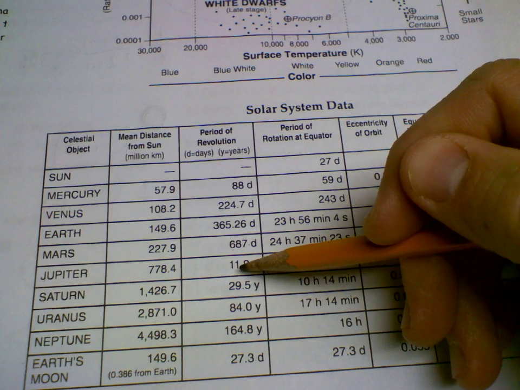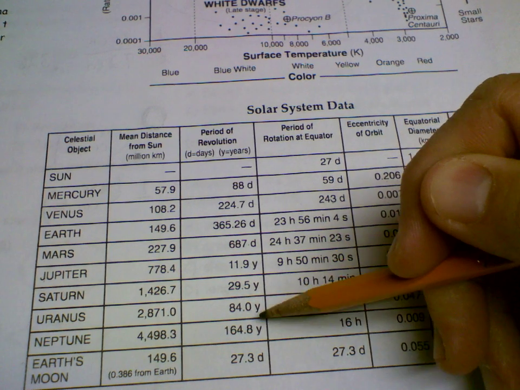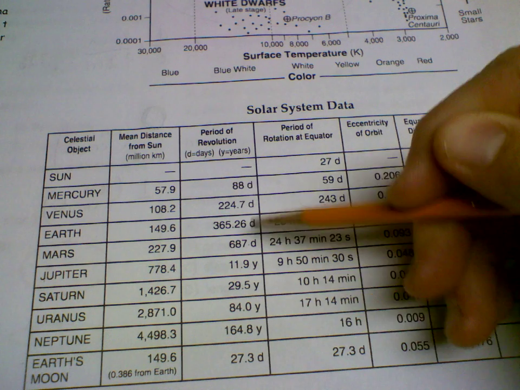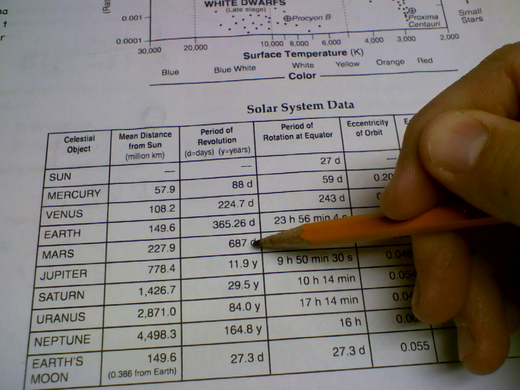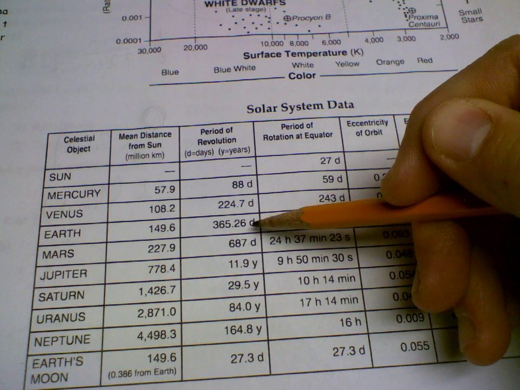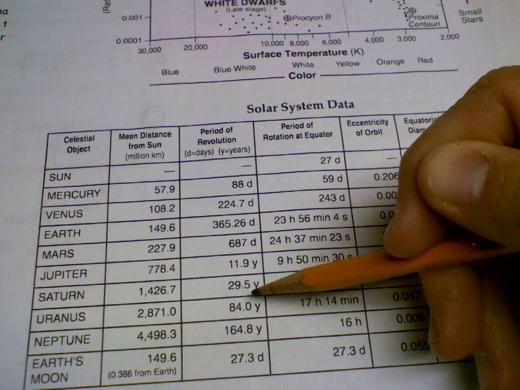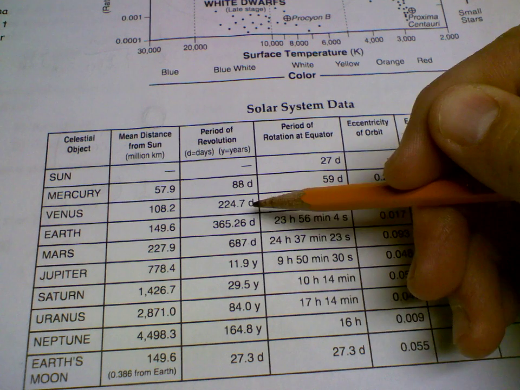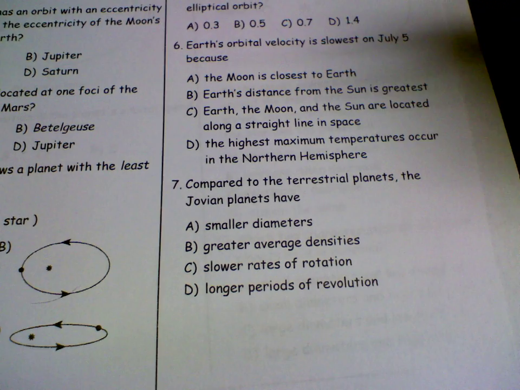So if you take a look, here are the Jovian planets. They go for years to do a full revolution. But look at the inner planets, very quick, matter of days. Actually, this is 2 Earth years right here. But either way, the Jovian planets have a longer period of revolution, much longer than the terrestrial planets. So the correct answer for 7 is D.